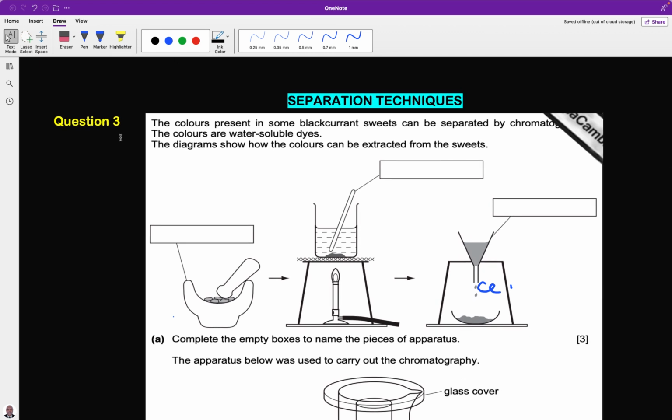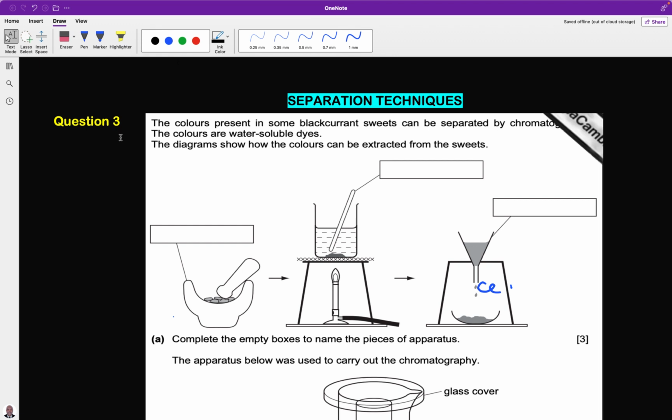The colors present in some blackcurrant sweets can be separated by chromatography. The colors are water-soluble dyes. The diagram shows how the colors can be extracted from the sweets.